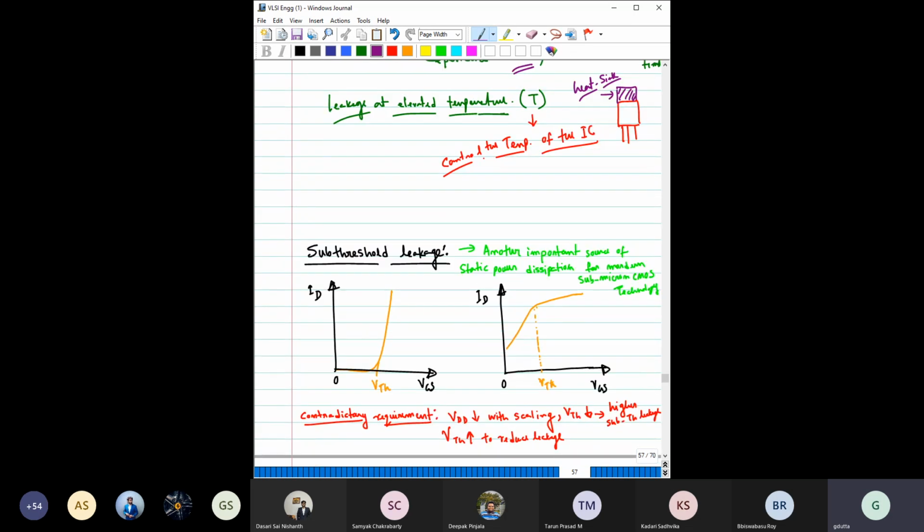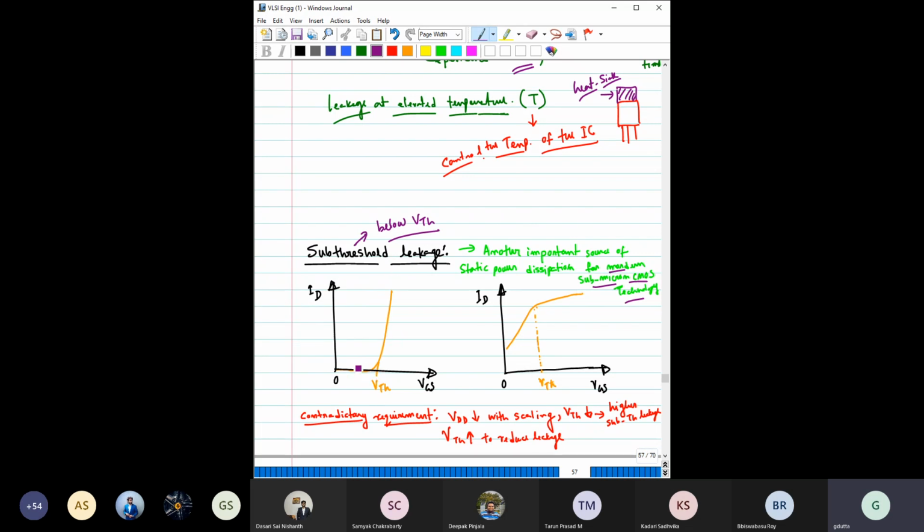Another leakage current which is important, and more important for modern submicron CMOS technology, is the subthreshold leakage. So what do I mean by subthreshold? Subthreshold means basically below threshold, right? If you see the ID versus VGS characteristics of any MOSFET, it looks something like this.